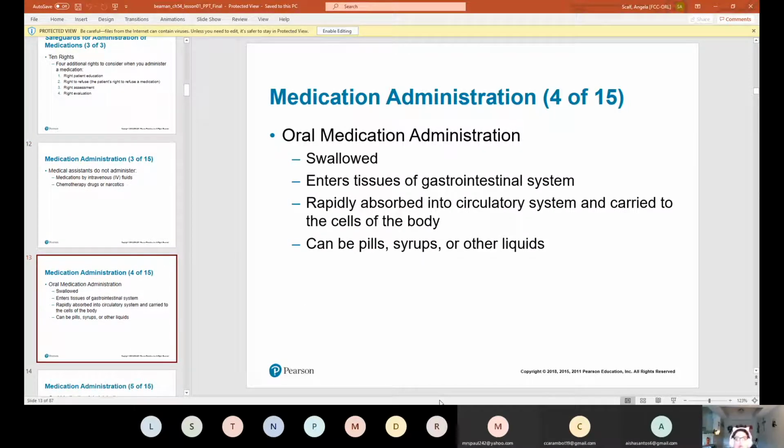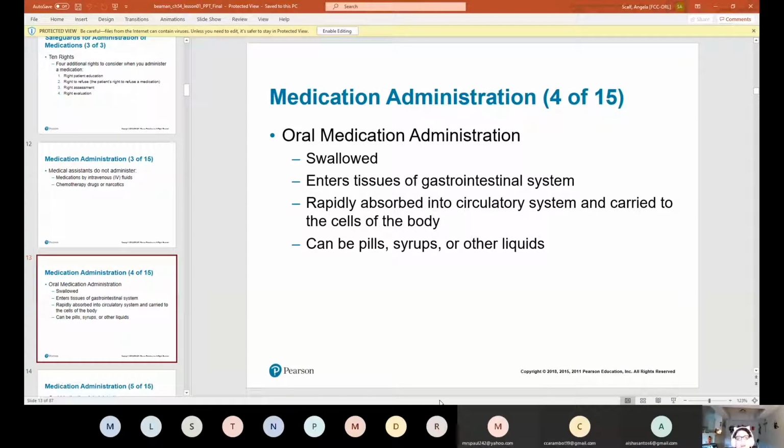Now let's talk about oral medication. We're going to get to these. It's swallowed, all right? And, how we've already gone through digestion, we've talked about how it makes its way through the esophagus into the stomach, and how our stomach's acids dissolve it, and then it's basically absorbed from there, just like our food, but it's absorbed into the bloodstream, and then it goes and does its job.